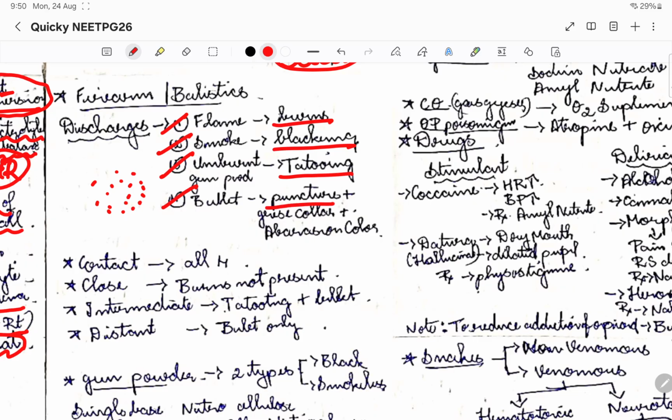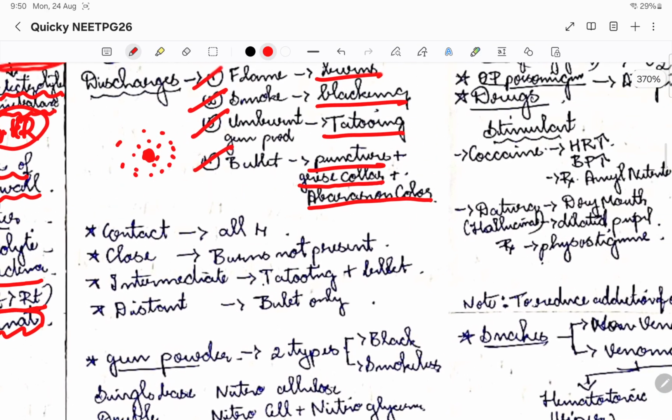Then the bullet itself causes the puncture of the skin. Around the puncture there will be a grease collar or an abrasion collar. So remember these 4 types of discharge: flame, smoke, unburnt gunpowder, and the bullet itself.